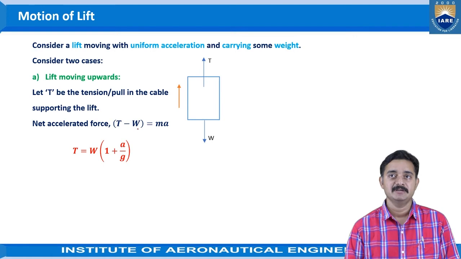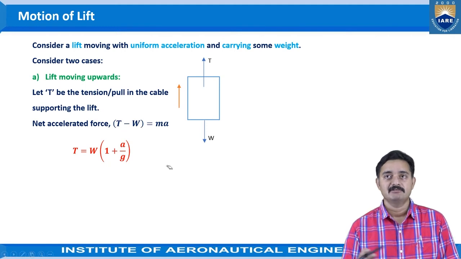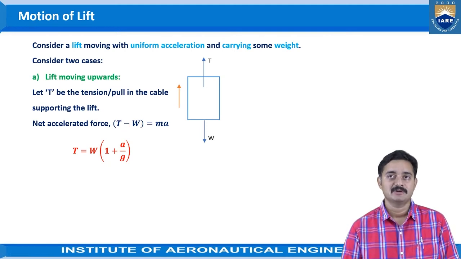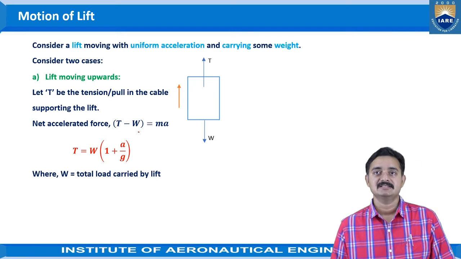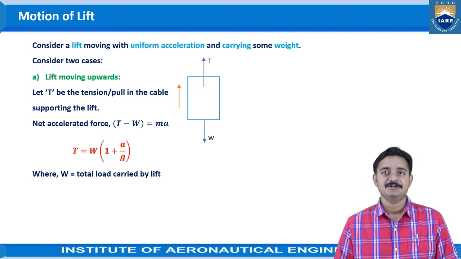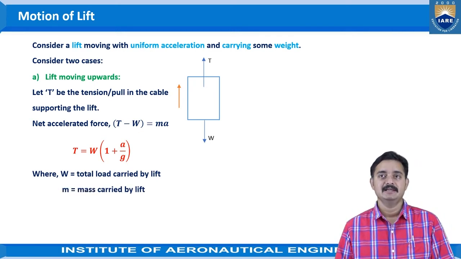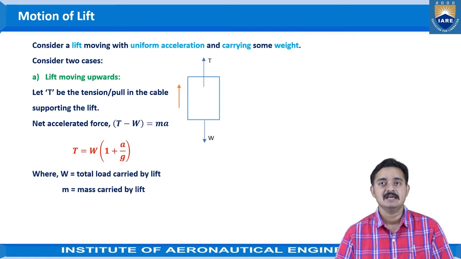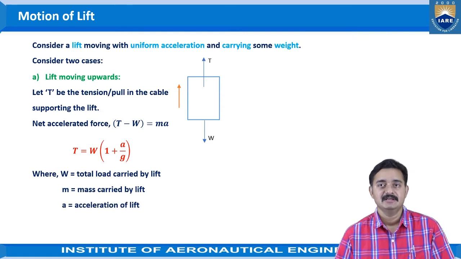Here W has been taken common while moving the W term to the right side. Then W into (1 plus a by g) is the term utilized, where W is the total load carried by the lift, m is the mass carried by the lift, and a is the acceleration of the lift.